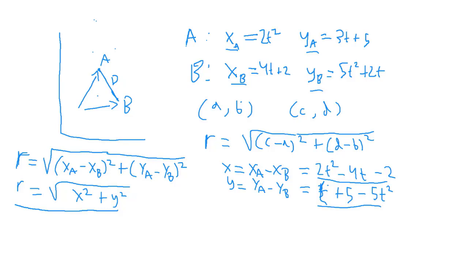So r squared equals x squared plus y squared, because these two equations are equivalent. All we did was square both sides, which is a legal move. And the reason we want to do this is it makes our implicit differentiation a lot more bearable.